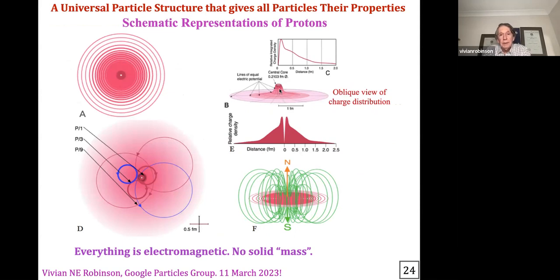Its height is charge, not physical position. This one, as the previous ones, shows the whole thing is embedded in a positive field. And here you have this charge plane viewed obliquely and a magnetic field surrounding it. The thing to note about this is everything is electromagnetic. Nothing is solid mass.